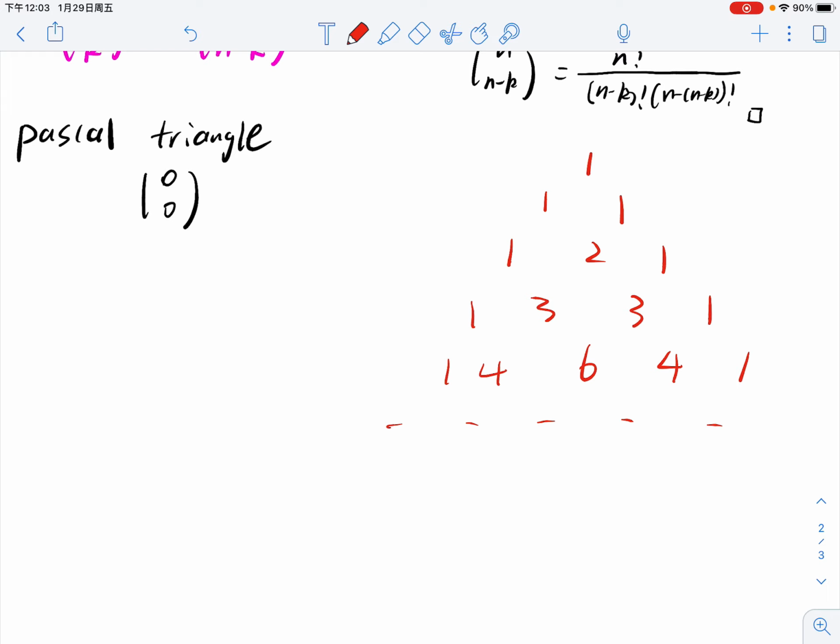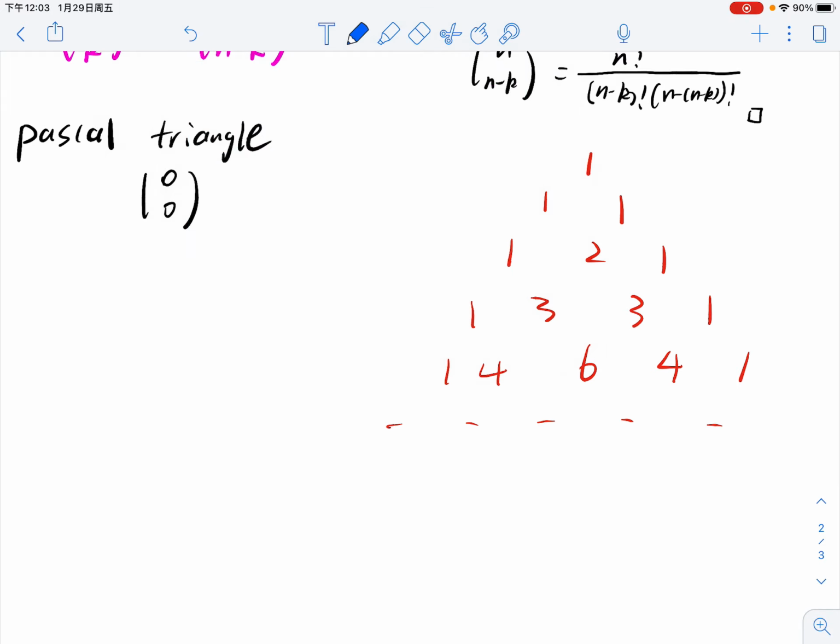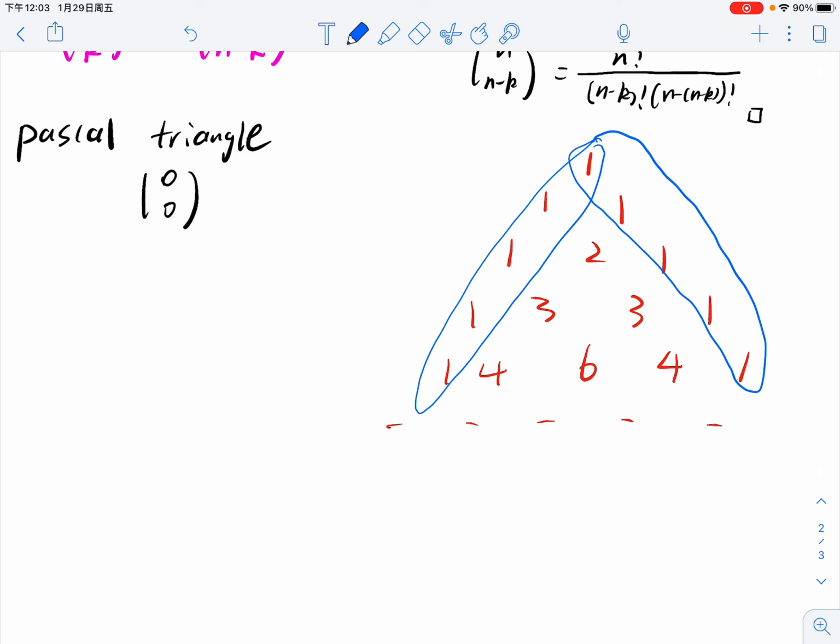So the rule is that the left side and the right side are all ones. And then each remaining element can be derived as the sum of the two elements on its shoulders. For example, 2 is 1 plus 1, and 3 is 2 plus 1. 6 is 3 plus 3. So by induction, as soon as you fix the left side and the right side, you can figure out all the other elements in between.